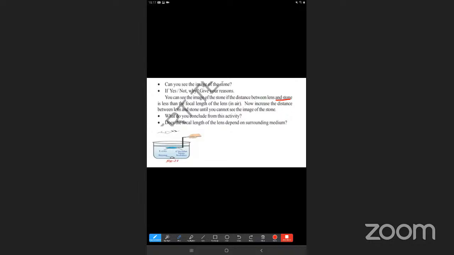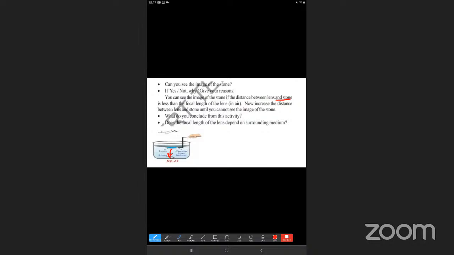Now increase the distance between the lens and stone. Continuously we have to increase the distance between the stone and lens until you cannot see the image of the stone. So what do you conclude from this activity?